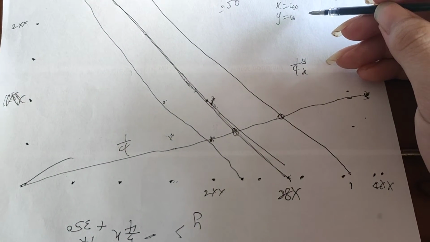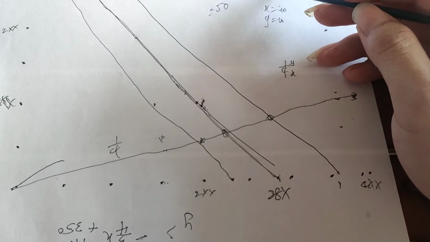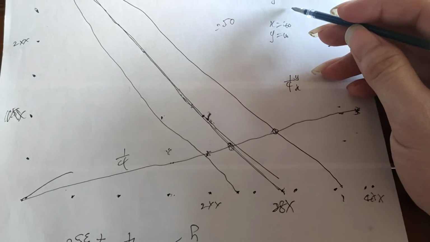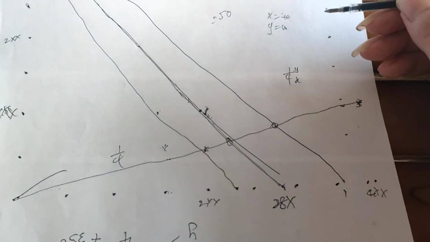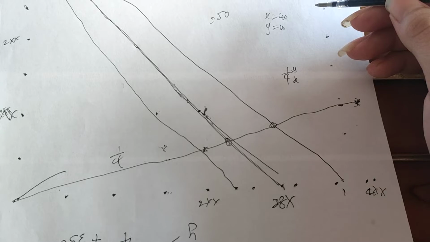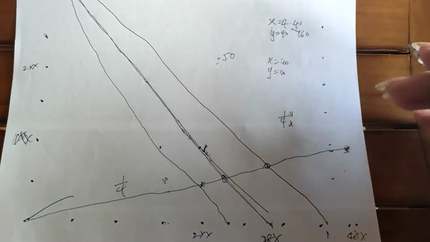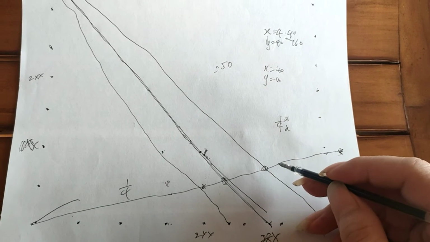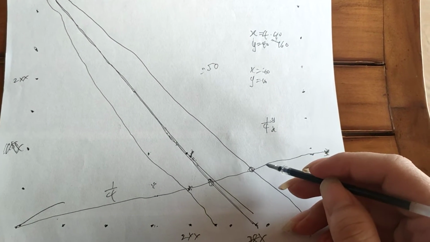So I think what we are finding is when y is 40, right? When the B toy, and the maximum profit that you can make is this point, where this one is the 1/4 x.